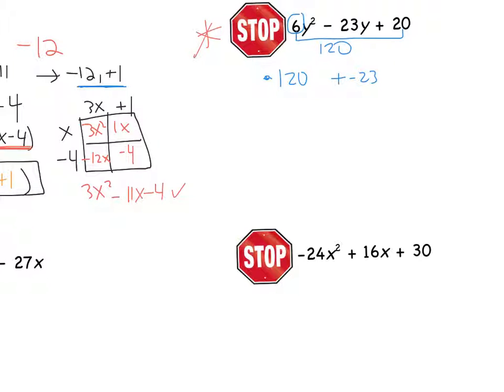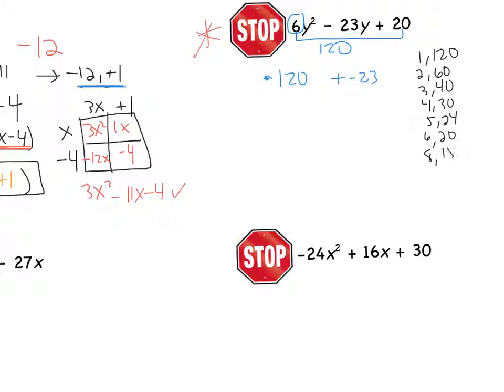Okay, I can't do this off the top of my head, so let's start writing down factors. 120 is 1 times 120, 2 times 60, 3 times 40, we're getting closer, 4 times 30, even better, 5 times 24, 6 times 20, 7 doesn't go in.